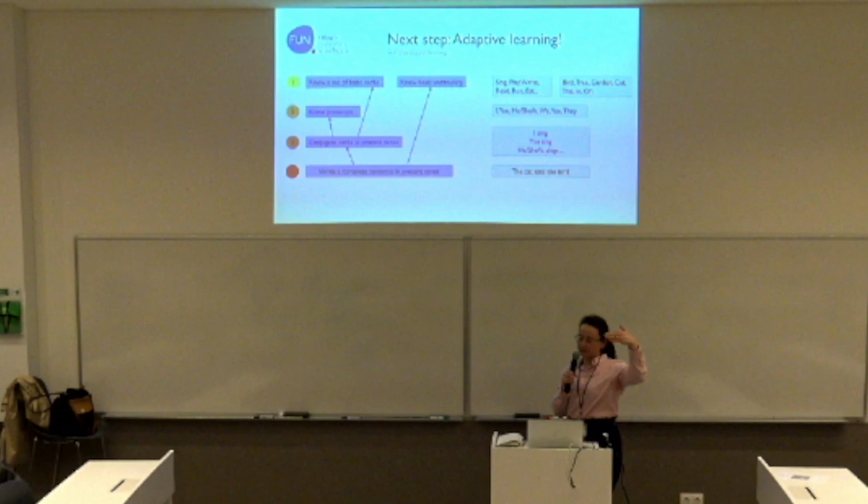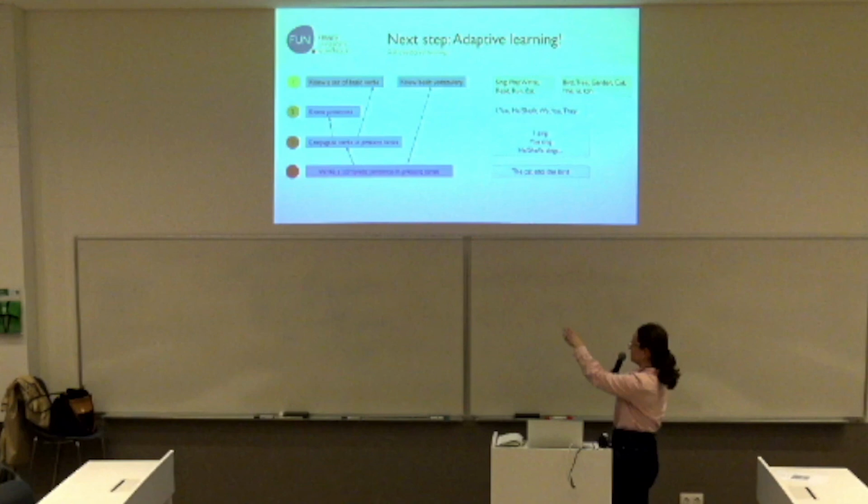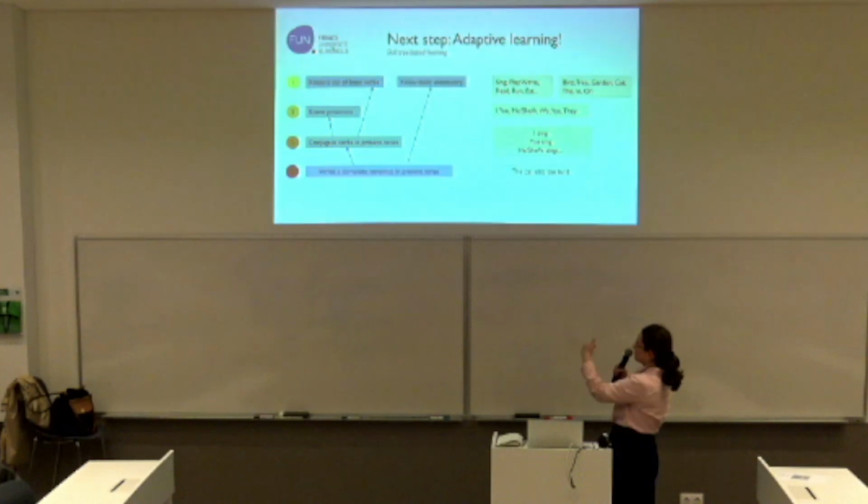So the way we imagine building a skill tree would be, for example, on Wednesday, Alice will be evaluated the first time on writing a complete sentence in present tense. She succeeded, so that's good, we can go further. And then we will check a few days later if she is still able to successfully complete these skills.